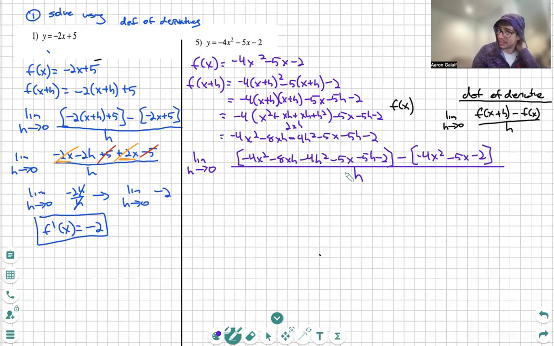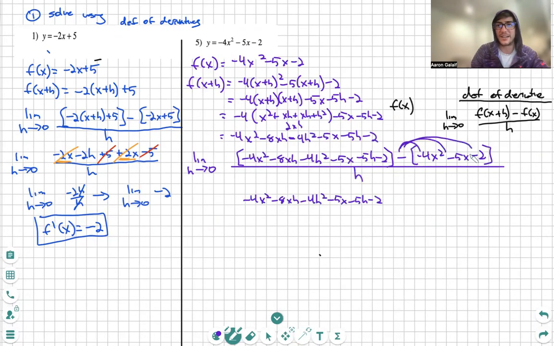Okay? We have to simplify the x's and cancel out that h in the denominator. We're going to take the numerator and bring all of it down.